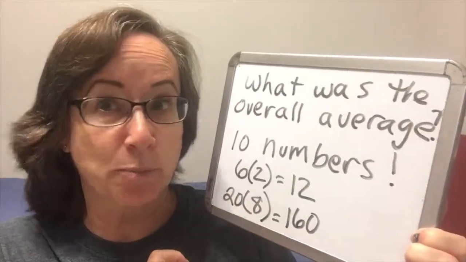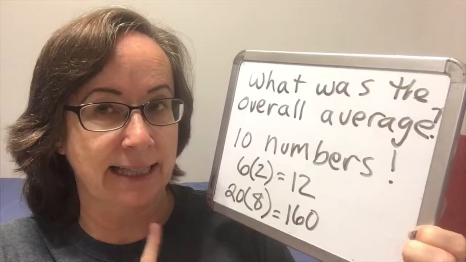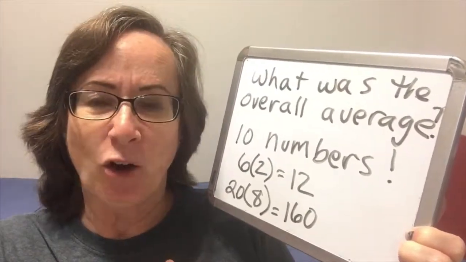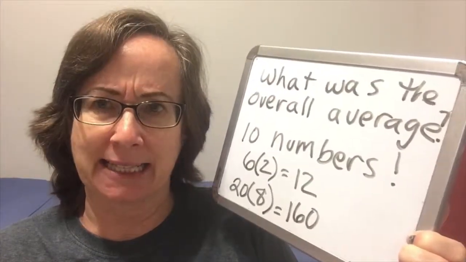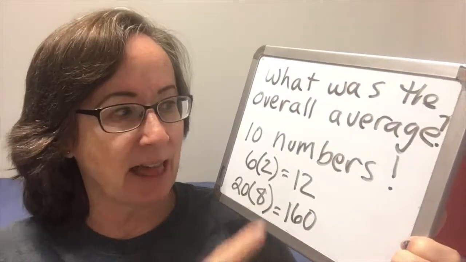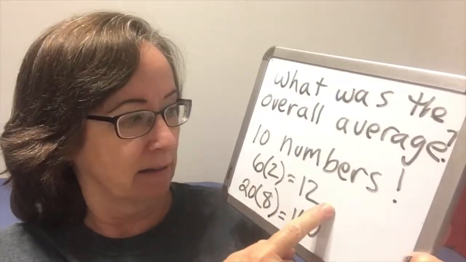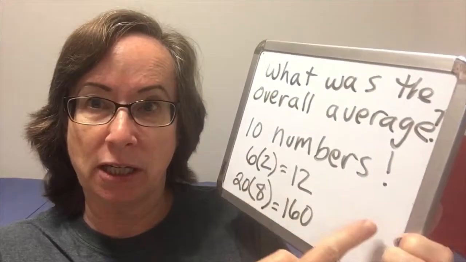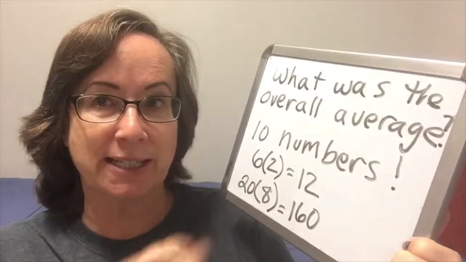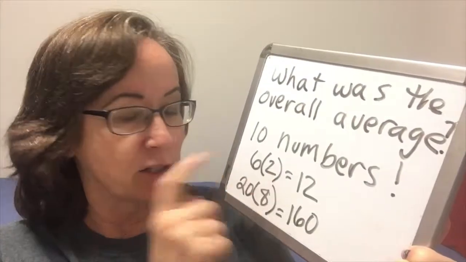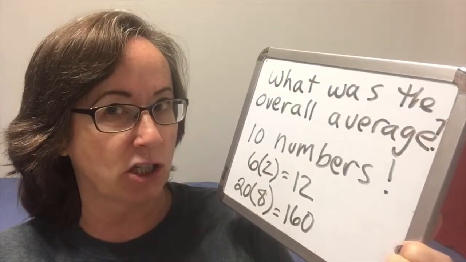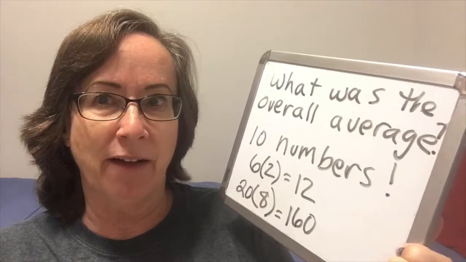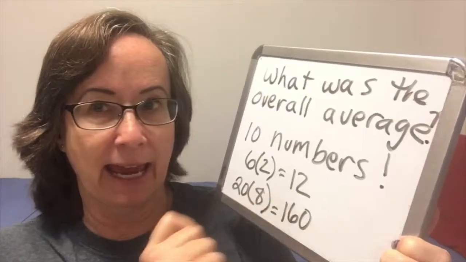Now we know the numbers probably are not 6 and 6, but we can count them as 6 and 6 because their average is still going to be 6. Okay, so 6 times 2 is 12. So we're just going to say that's a 12 count because 2 numbers have an average of 6. So we will count them as 6 and 6 and get 12.